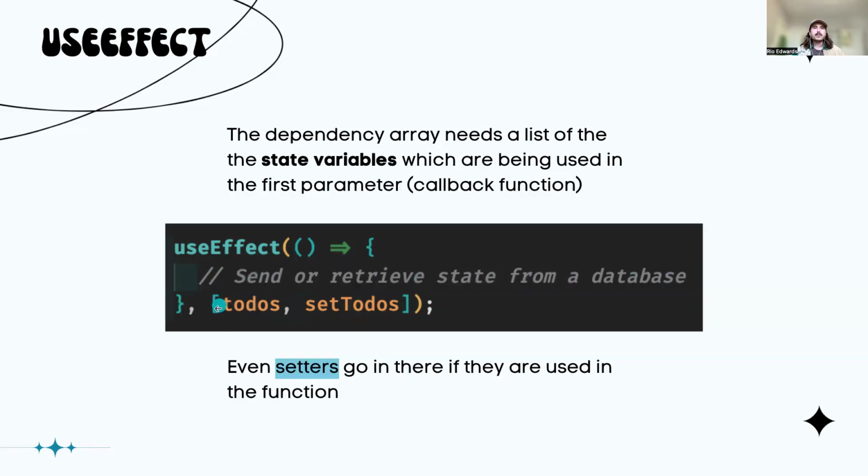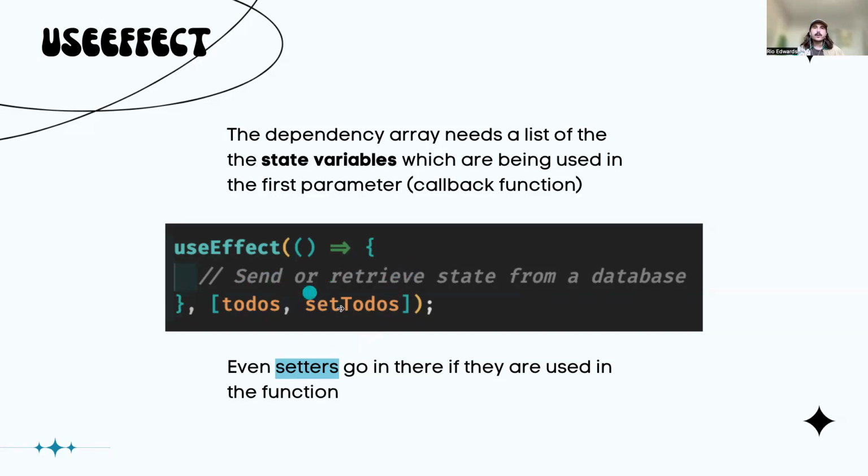And so that's what this dependency array does, is it says any variables you put in here, any state you put in here, whenever those change, it will call this function again. And it will send requests and receive responses from our external system. So that's the point of the dependency array. It says whenever these variables change, that's when we're going to run this function.